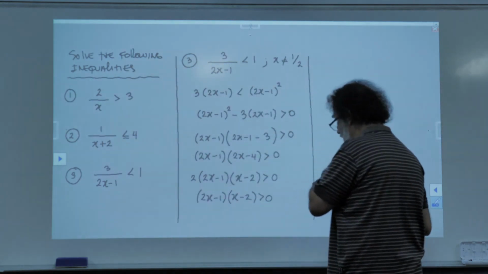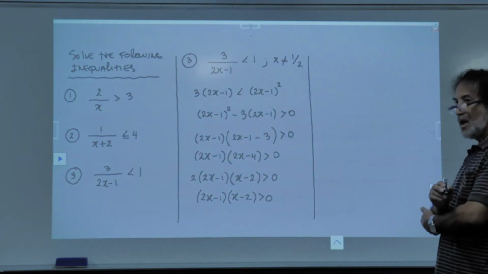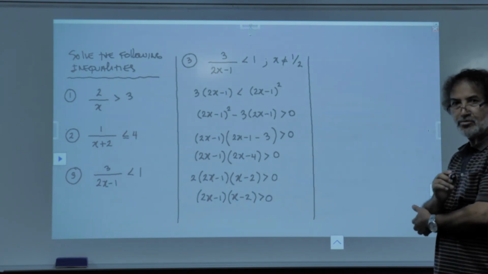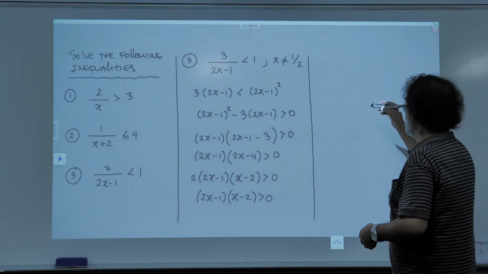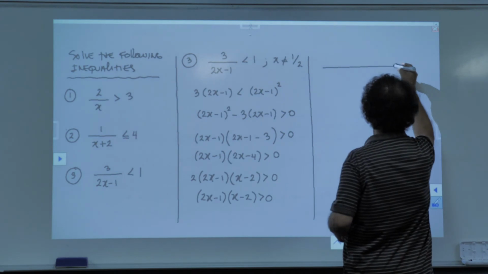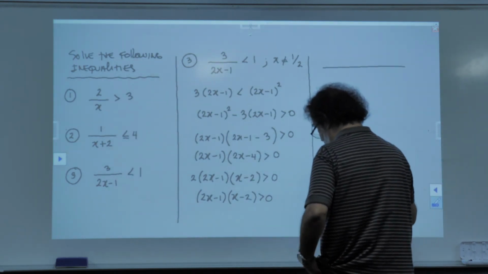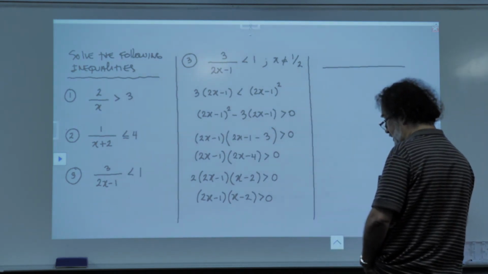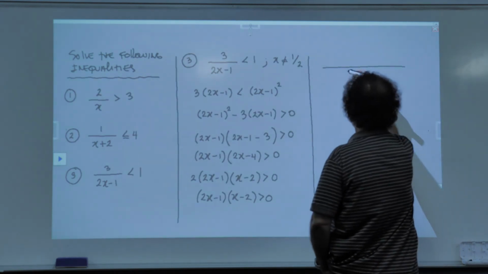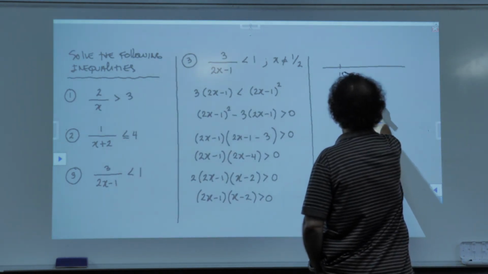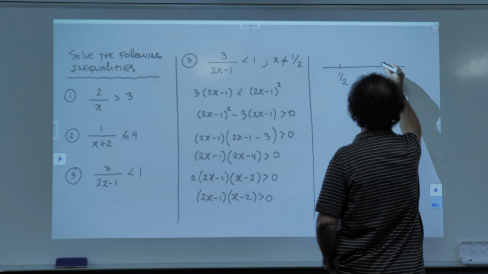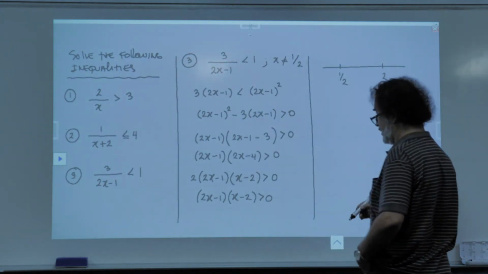And then it's the business about drawing the number line. Let's draw the number line. And we're going to have x equal to positive 2.5. Okay, so you're going to put the half in here and positive 2 in there.